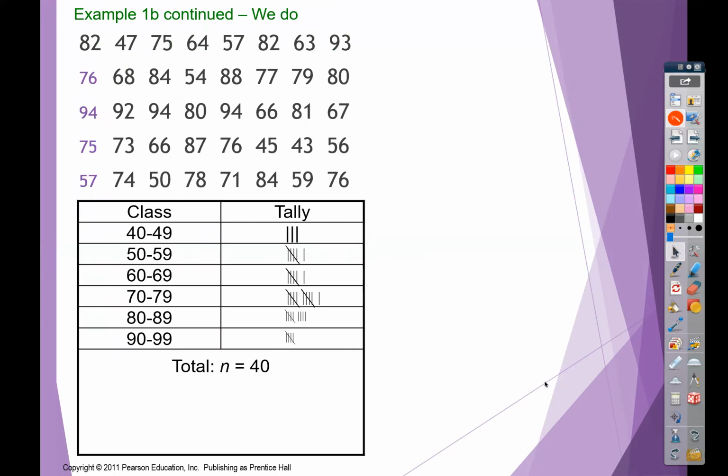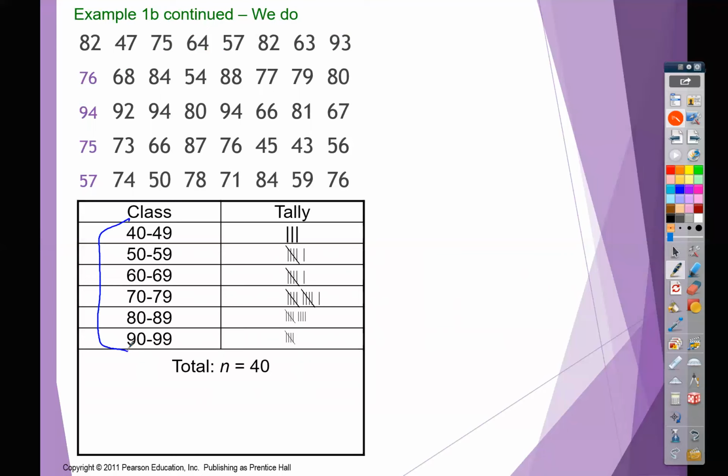So you can see what we've done. We've gone through and we've listed the different groups that they wanted us to group right here, 40 to 49 all the way to 90 to 99, and we made a tally. And then here's the important thing. You should start off with 40 numbers. They gave you 40 numbers. So you want to make sure your tallies add up to 40 so that you're not missing any of the data.